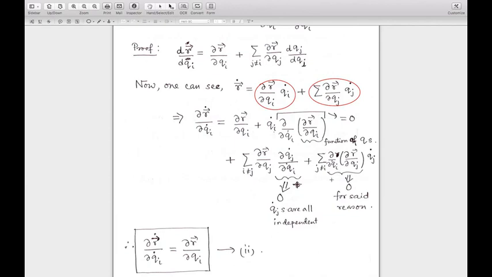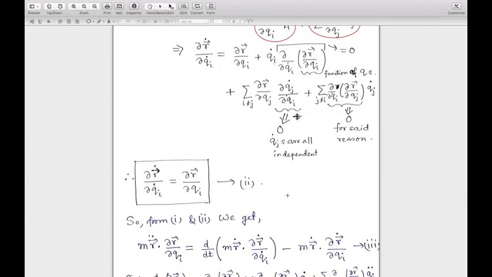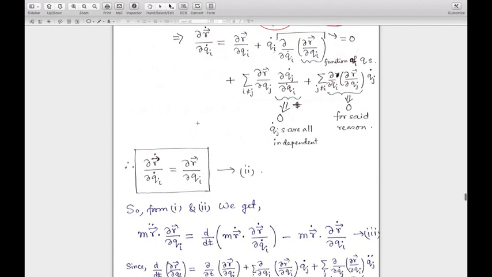Another term will be ∂r/∂qj, and ∂/∂q̇i will then act on this one. Now this summation is explicitly for j's which are not equal to i, so this will be 0 because all the q̇'s are also mutually independent. So finally this one is simply this one. The equality is then proved.